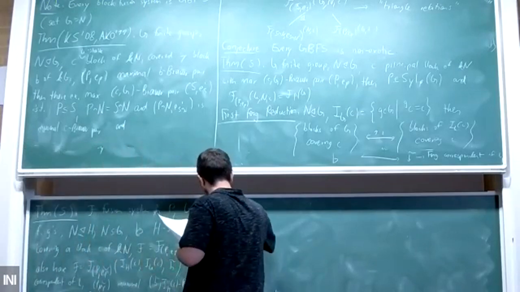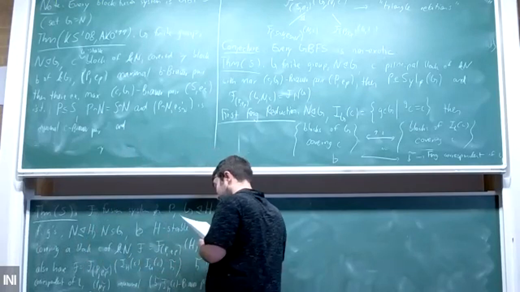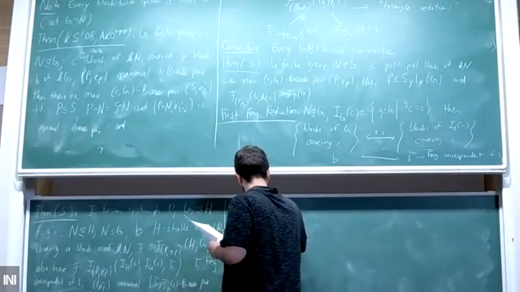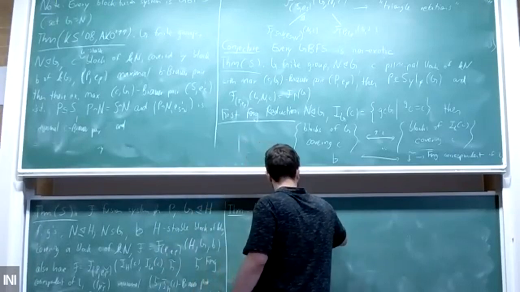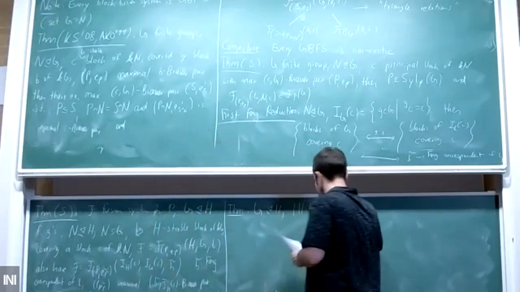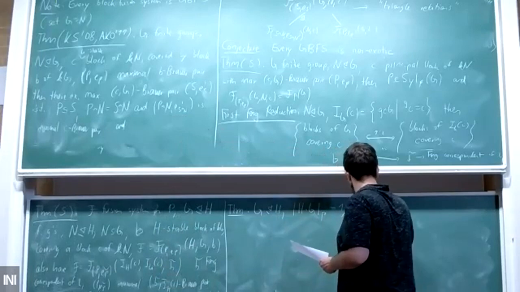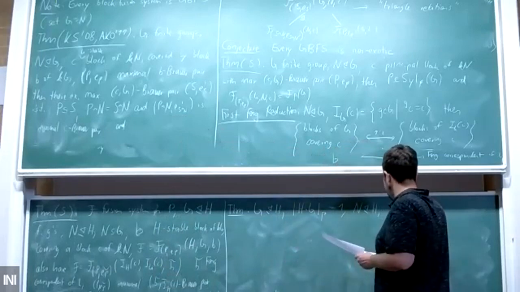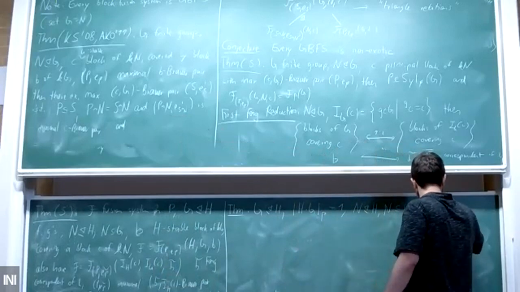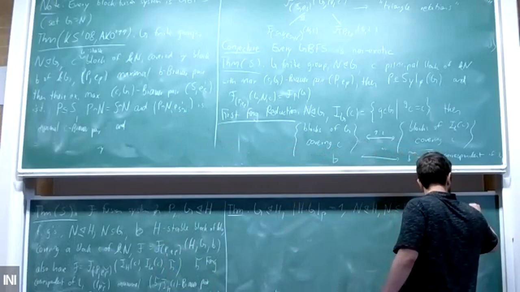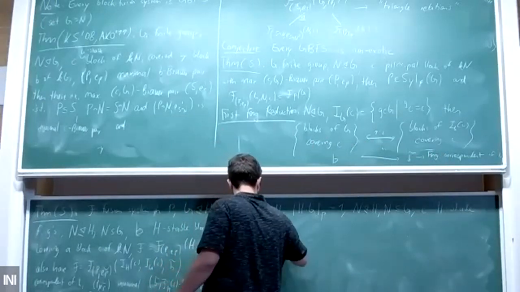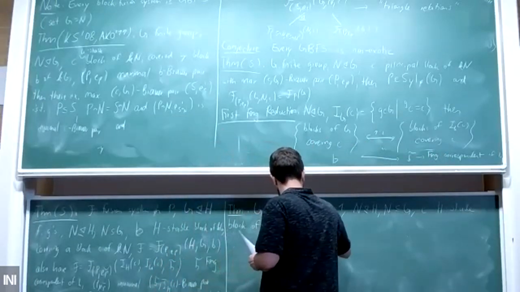And this theorem is quite a handful, so bear with me. We take again G to be a normal subgroup of H, such that the index of G in H has trivial p-part. And we take N to be a normal subgroup of H, which is also contained in G. Then we take C to be an H-stable block of KN of trivial defect.